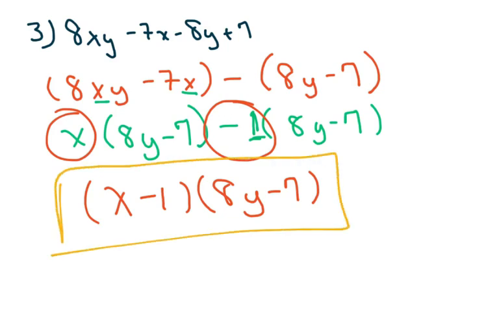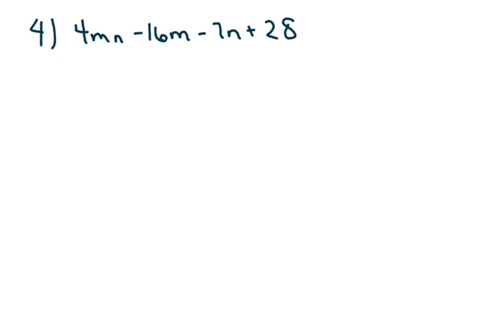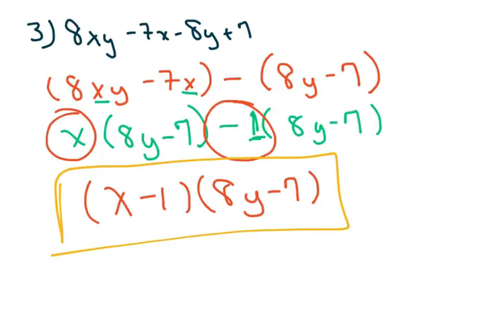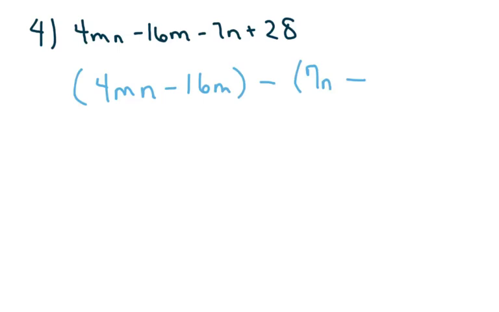The last one is the same thing. I'm going to put these together. Now I'm going to change this to minus. You have to change this sign to negative automatically, because when you distribute the negative, that turns positive.